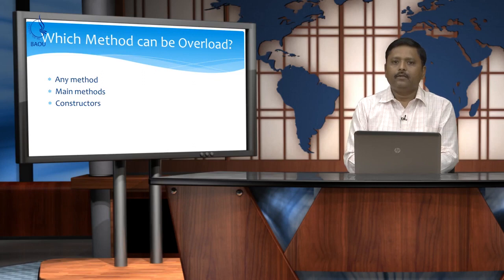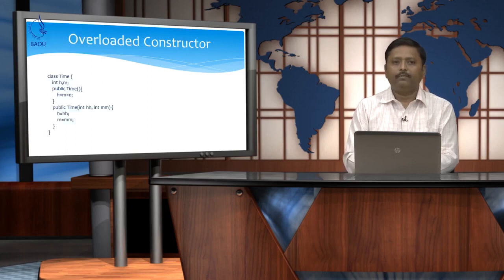And the main method, which is the primary start point of execution of your program, can also be overloaded. So, you can overload the main method as well as constructors and any method, with the certain conditions that we have discussed. So, these three types of method we can overload.